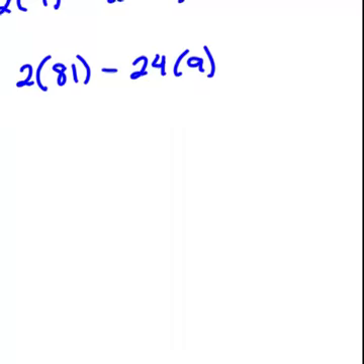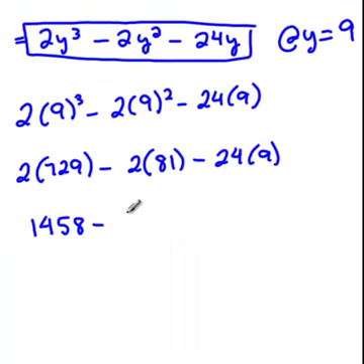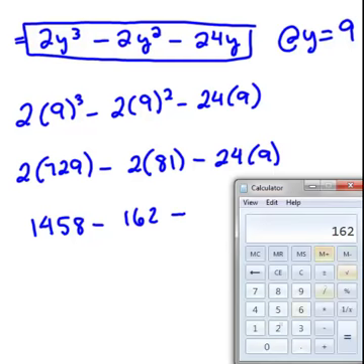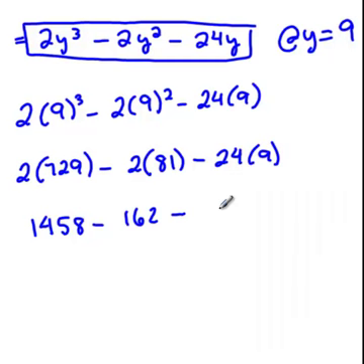So I'll write that down. 162 minus, and then we'll have 24 times 9, which gets me 216. So I'll write that down here. So I have 1458. I'm going to subtract from that 162 and get an answer. And from that answer, I'll subtract 216.